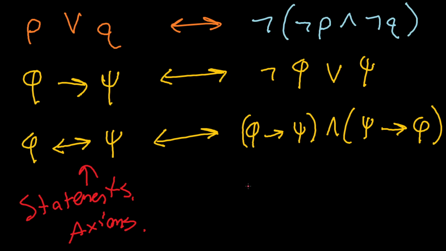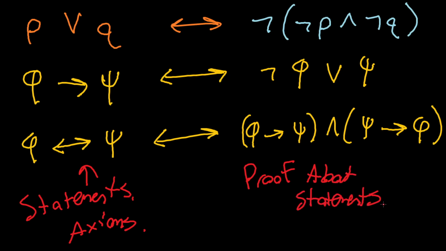However, when I'm doing a proof about statements, because the definition of a statement is recursive, I will necessarily have to use induction to prove something about a statement. And because of that, it'll be extremely helpful that secretly everything is only "and" and "not." Because that means in my inductive proofs, there will only ever be two cases, right?